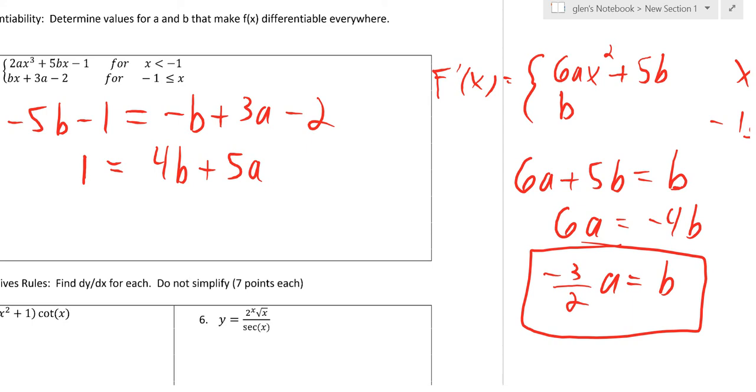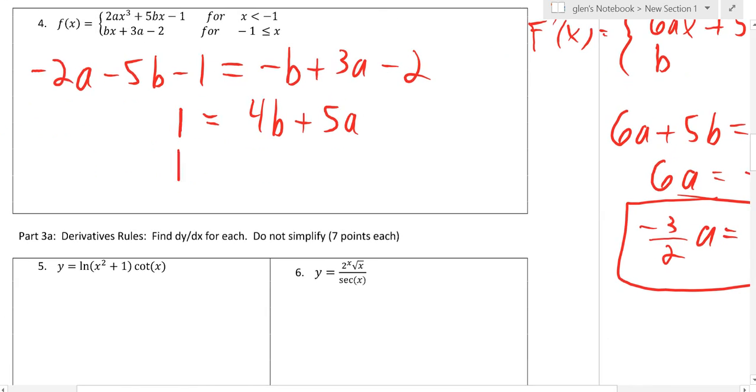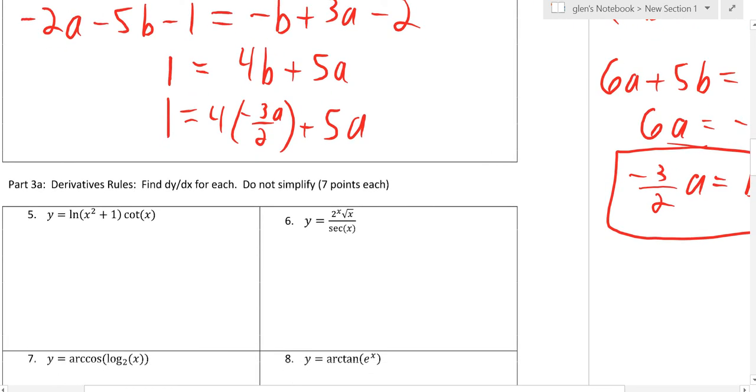So I know b is -3/2 a, so that means this becomes 4 times -3/2 a plus 5a. And 4 times -3/2 is -6a. So this is -6a plus 5a.